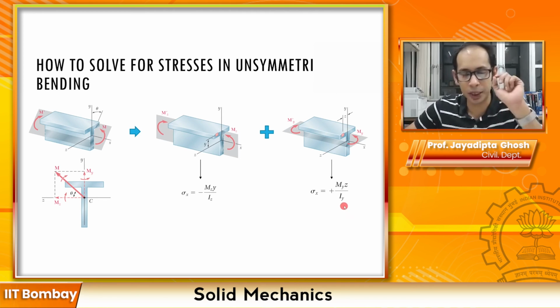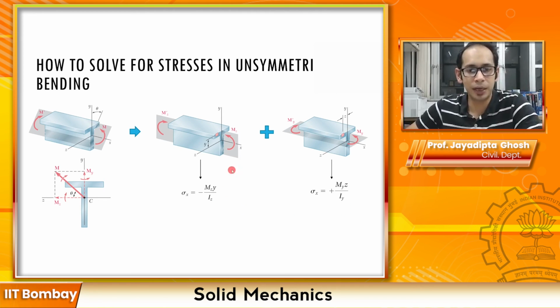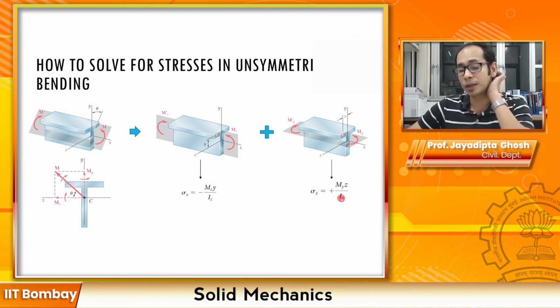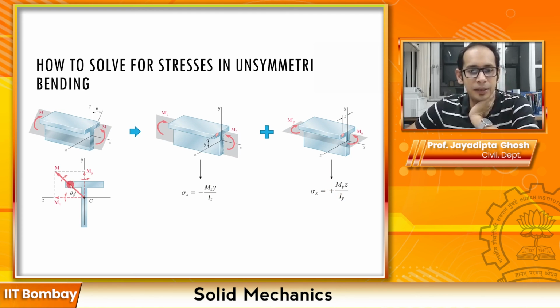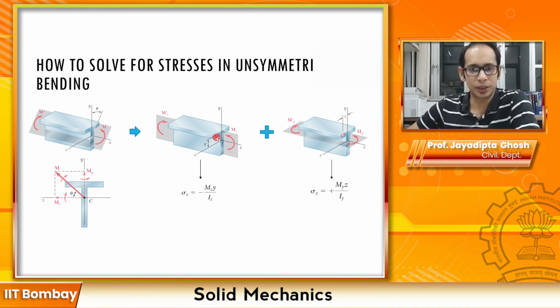Now note, very important to note, here it was bending about the zz axis, this axis over here. So you have Mz y by Izz. Here it is bending about the y axis, so this axis. So that's why in the denominator you have Iy over here. Now, although you have split the moment into two moments, one about the z axis and one about the y axis, you are calculating the stresses at a particular point.